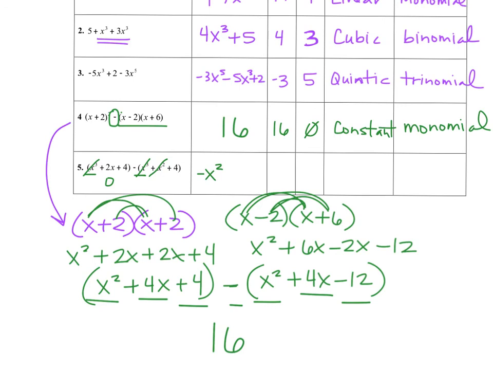What's next? Pay attention. Plus 2x. So that's done. And then you have 4 minus 4. That is 0.